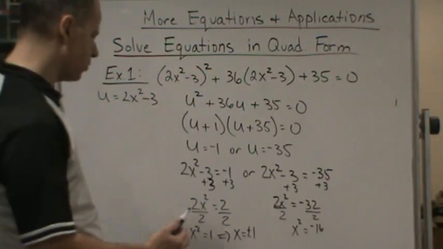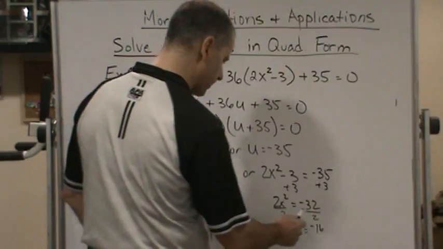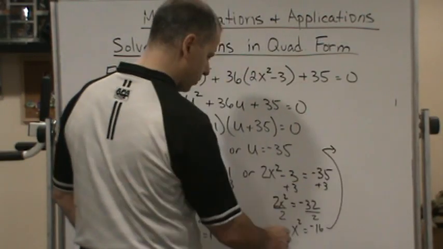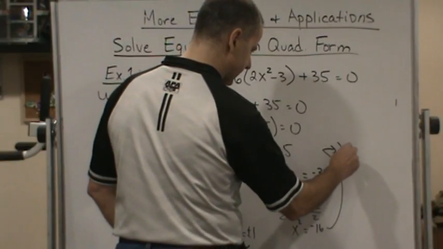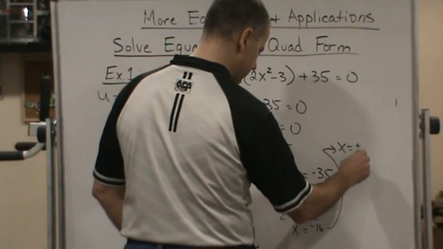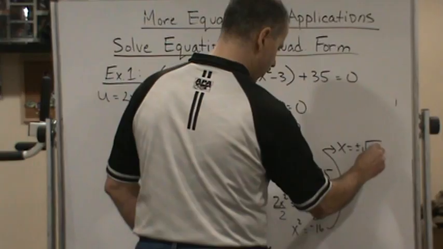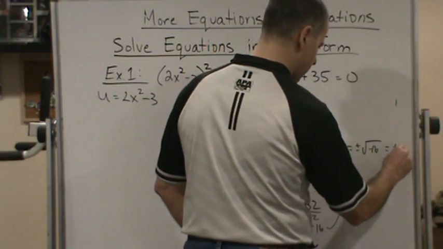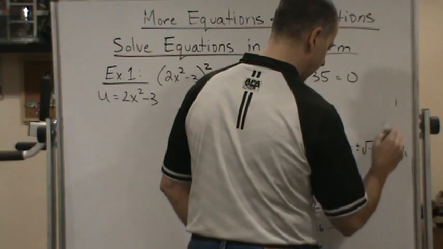And if I take the square root of both sides, I'm going to get a complex number. So x is equal to plus or minus the square root of -16, which is going to give me plus or minus 4i.